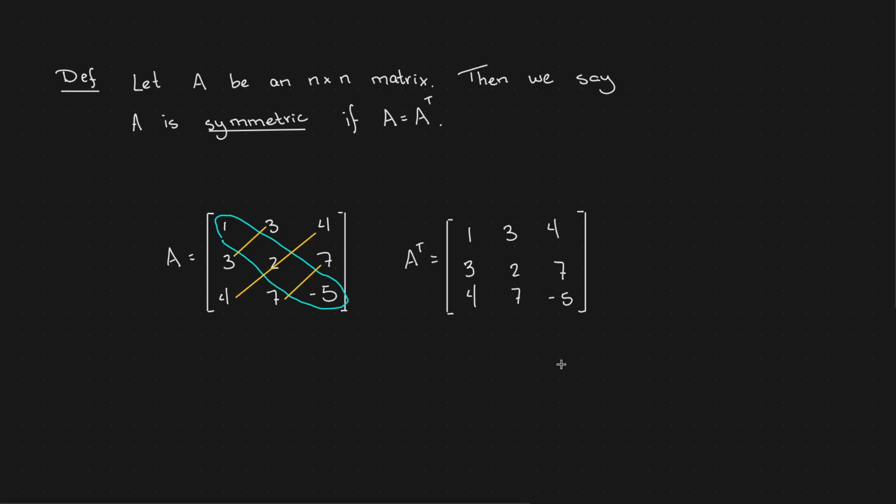If you imagine transposing a matrix is a rotation, you're almost pulling this corner down to this corner and this corner up to this corner. So if you think about it as a rotation, the main diagonal is the center of the rotation. We have a symmetric matrix when that center of the rotation acts like a mirror. And so we have this kind of reflection across that main diagonal.